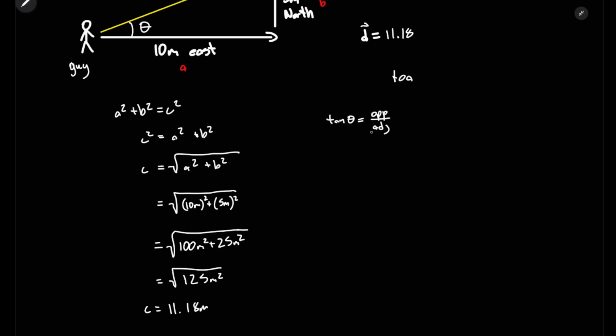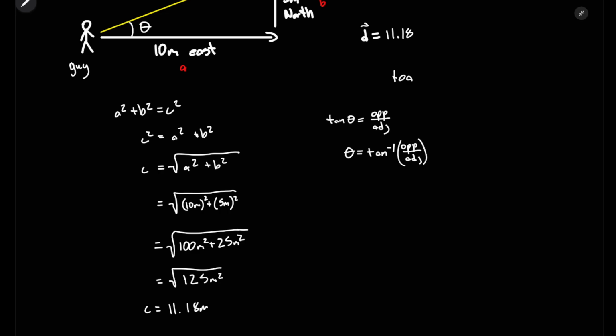So let's make our equation first instead of just slapping in the numbers. We're going to move tan to the other side. So we have theta equals tan inverse of opposite over adjacent.